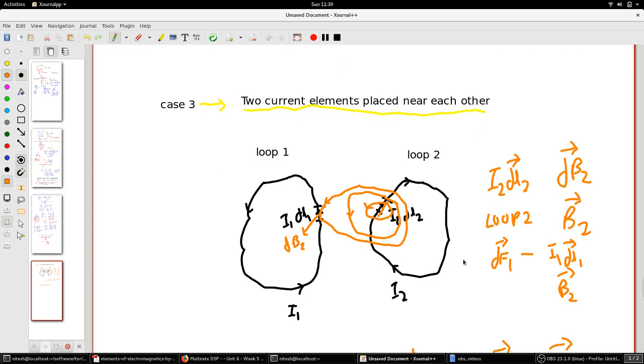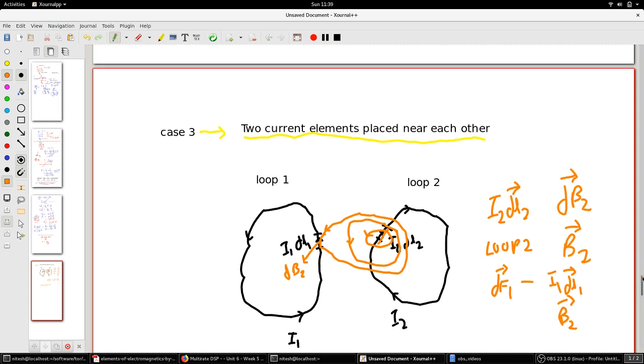One more thing which we did not discuss is what will be the direction of the force? So here, if I just rub this out, what will be the direction of the force? This is the direction of the current element. The magnetic force is coming towards in this direction, right?